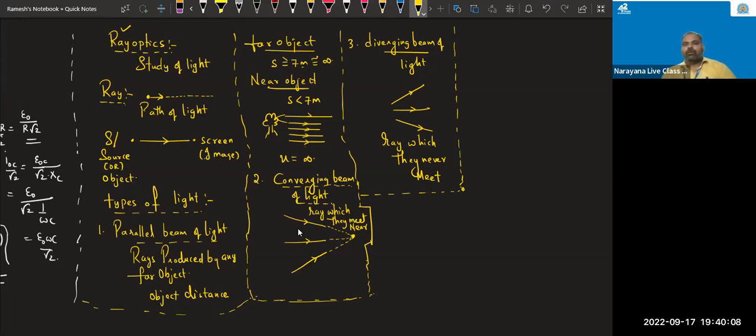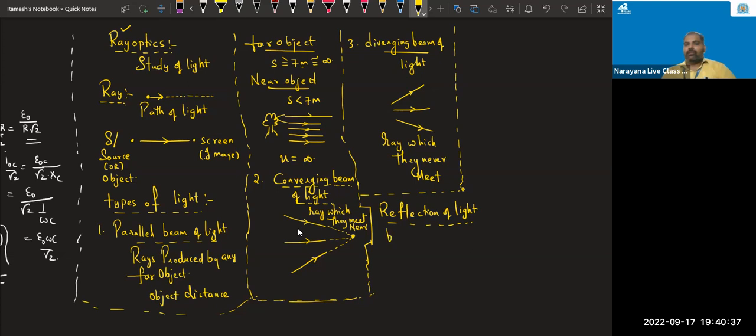Okay, so now we will enter into the real properties of light. First of all, reflection of light. Tell me, what is the reflection of light? Bouncing nature of light when it falls on a smooth surface, only smooth surface. Understood?